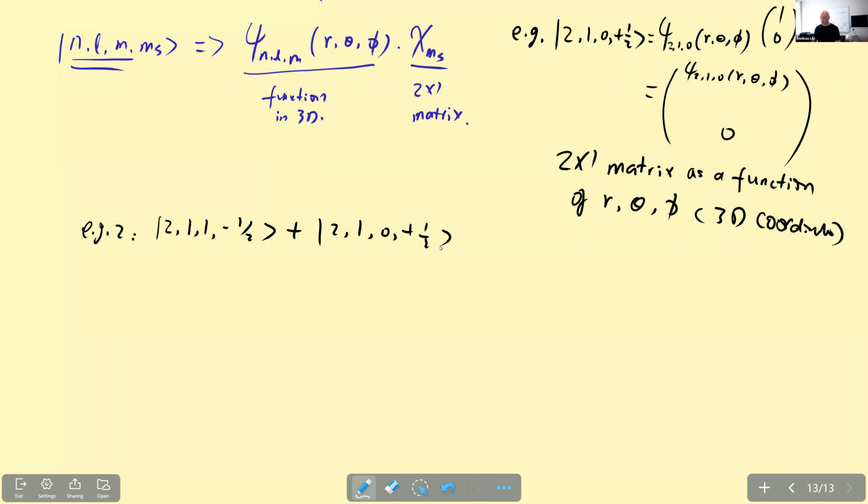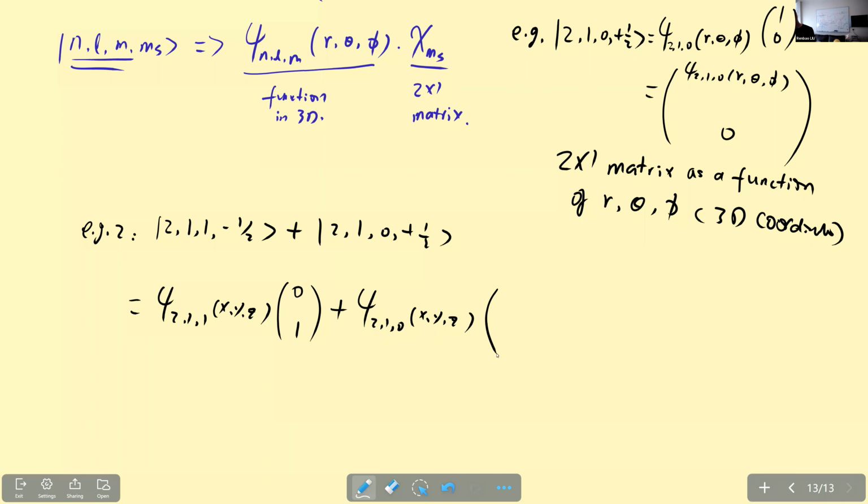Okay, so this is a superposition. So this equals psi_{211}(x, y, z), if you want, it's r, theta, phi, it's also okay, times (0, 1), and plus psi_{210}(x, y, z) times (1, 0).